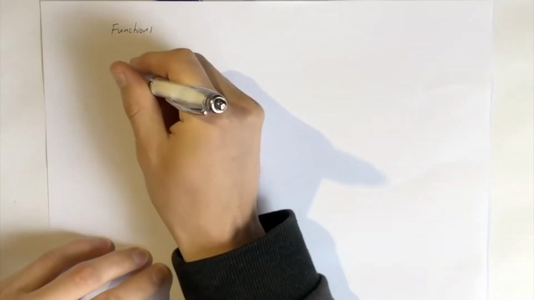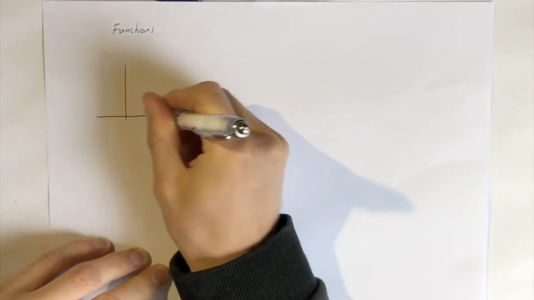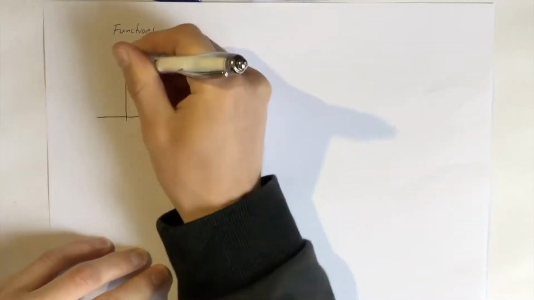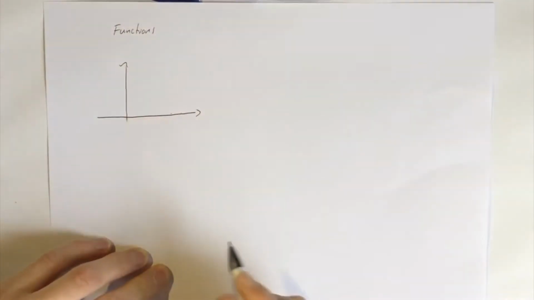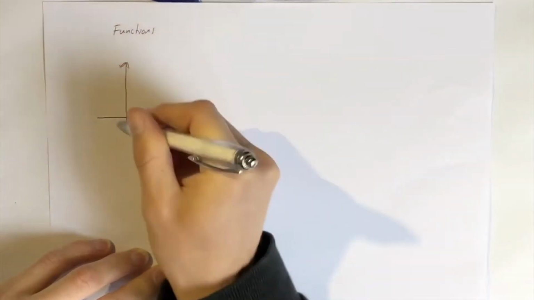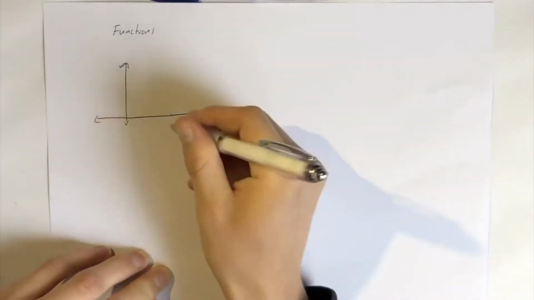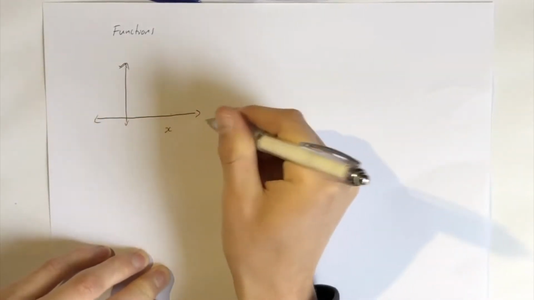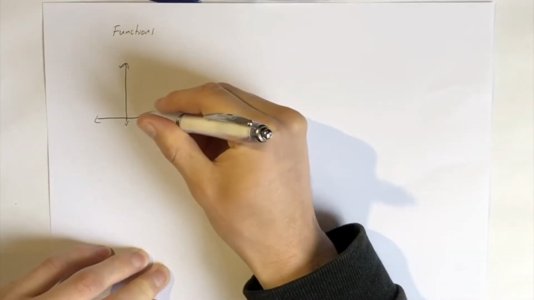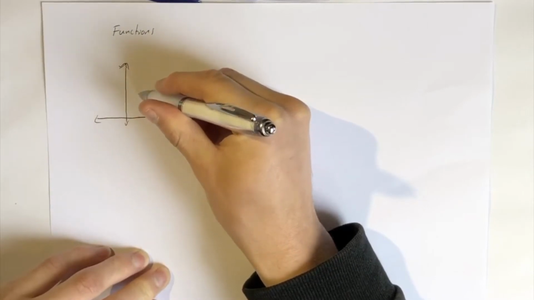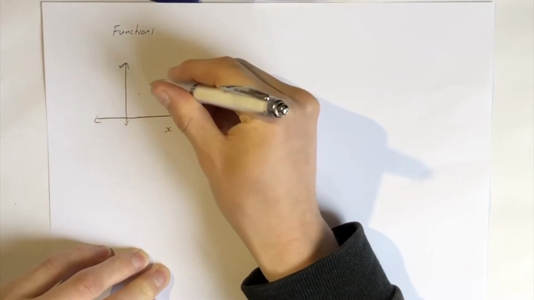So a function, a lot of people talk about mappings. A function would kind of map x values to the Cartesian plane, the xy plane. I've drawn this pretty poorly, but basically if this is the x-axis, then a function would take one of these points and map it into the Cartesian plane, like so.